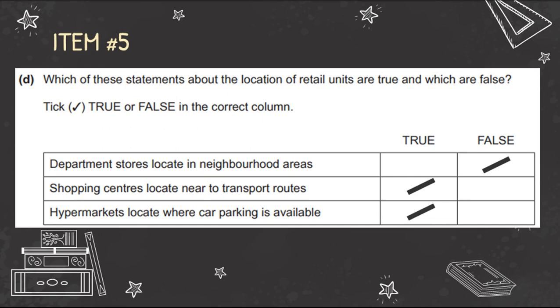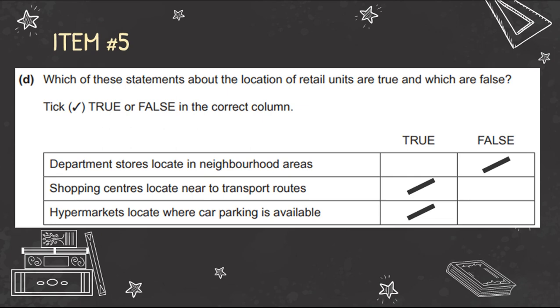A shopping center is a group of shops built together, sometimes under one roof, in one area. And of course, the location of it is near to transport routes, meaning near public roads, highways, train stations. So it means that it's accessible to all the transportation routes.